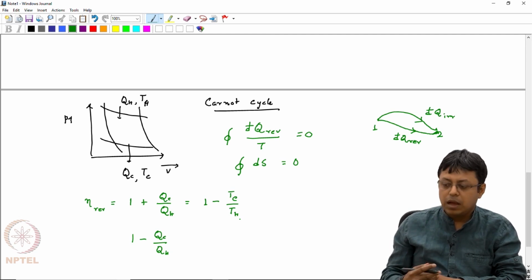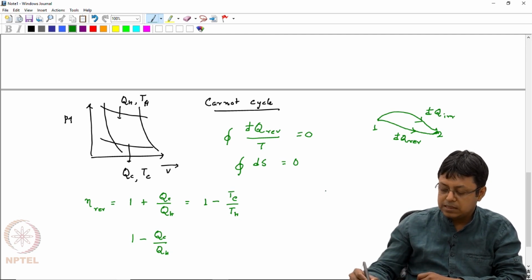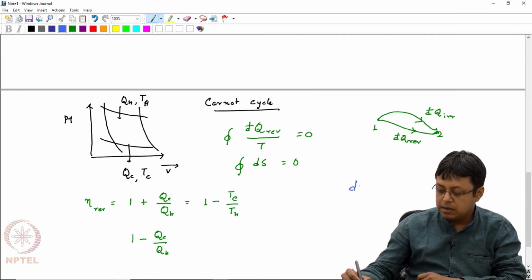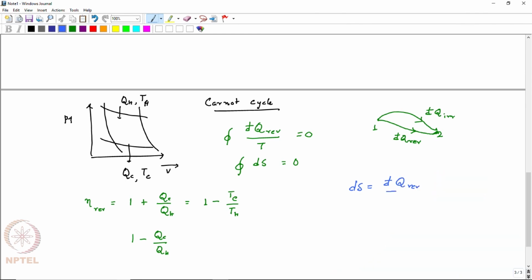And then we asked this question: fine, so dS, the change in entropy, is defined as d cross q reversible by T, but what is the relationship of d cross q by T if it is not a reversible process, or any general process?